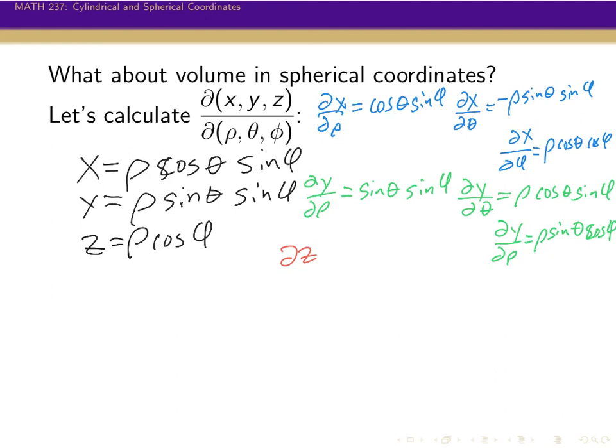it's Z equals rho cosine phi. And so dz d rho is just cosine phi.